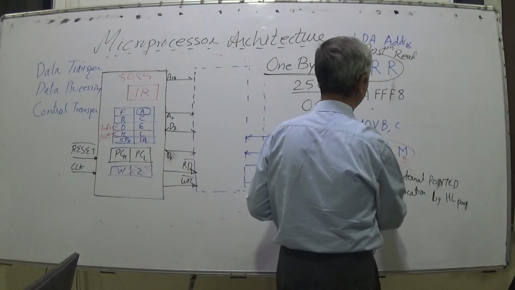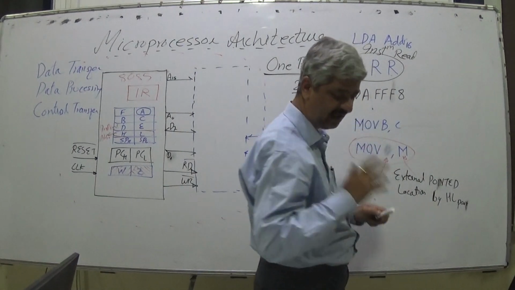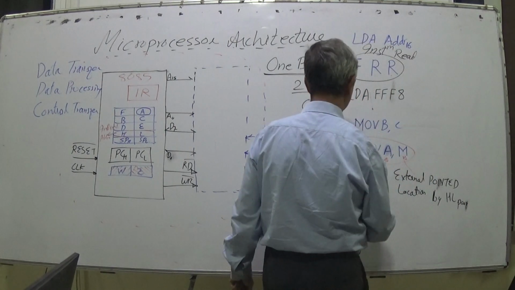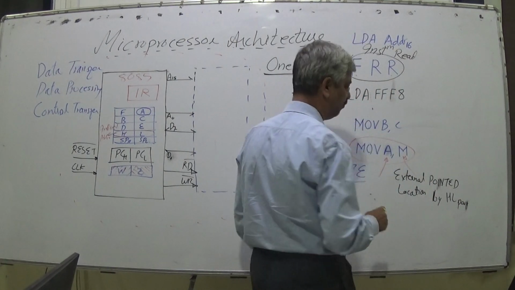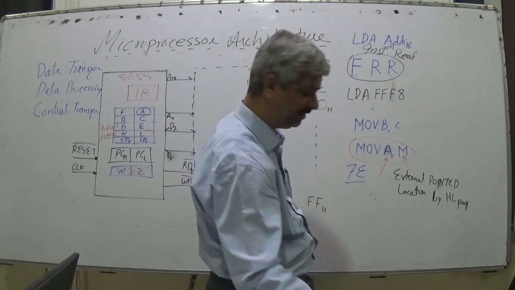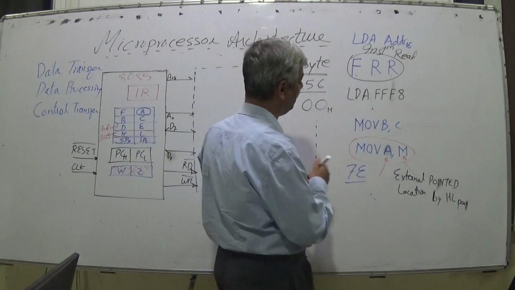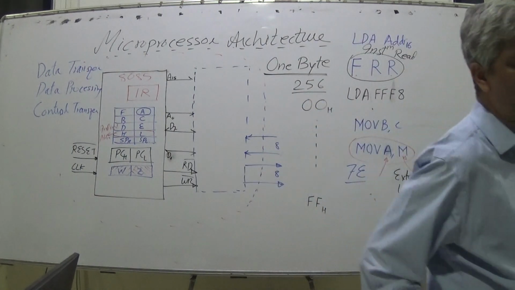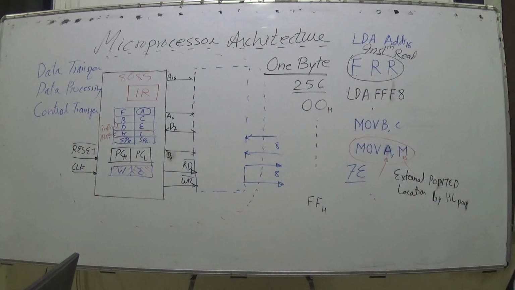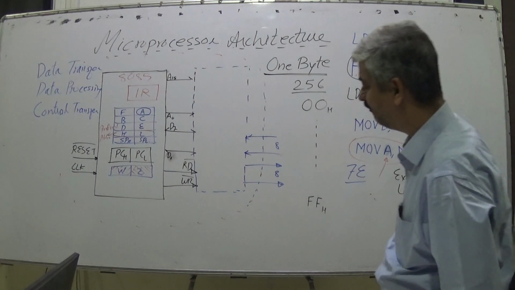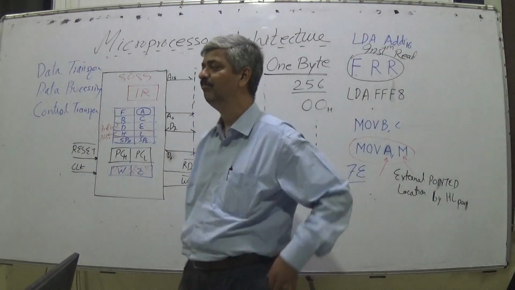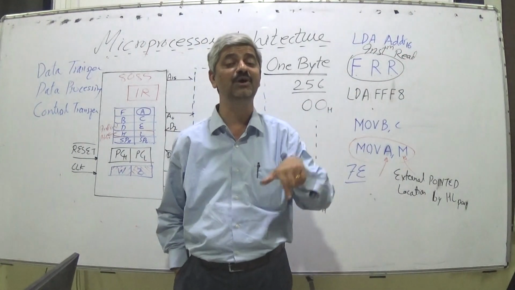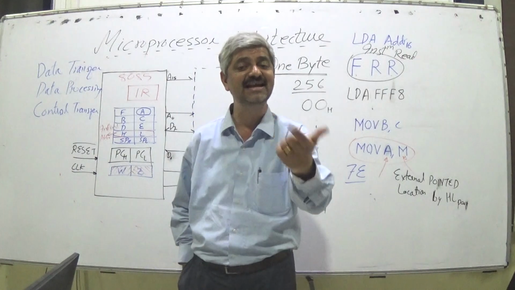Or let us use A, because I remember the opcode: move A, M. The opcode is 7E. So the 7E opcode tells the 8085 microprocessor to bring the data from the external memory location M into A, and the location whose address is given in the HL pair.